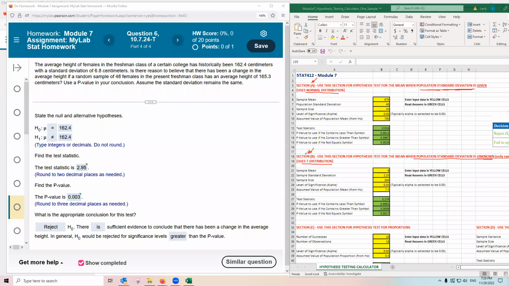Well, in this problem, they're giving us the standard deviation historically. That's equivalent to giving you the population standard deviation. So I'm going to use section A in the spreadsheet for this one, because the population standard deviation is given to us, it's known.